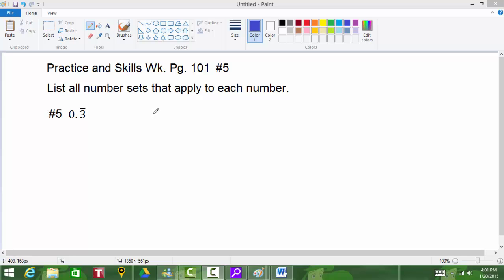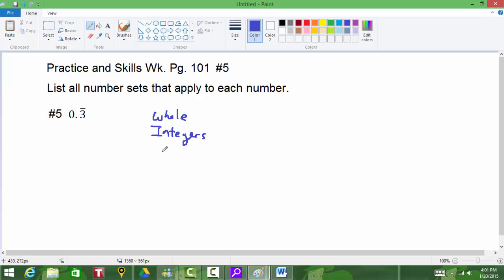types of sets that we have. For example, whole numbers, integers. We also think about words like rational, whether or not something's rational, real numbers, irrational, something that's not going to be rational.